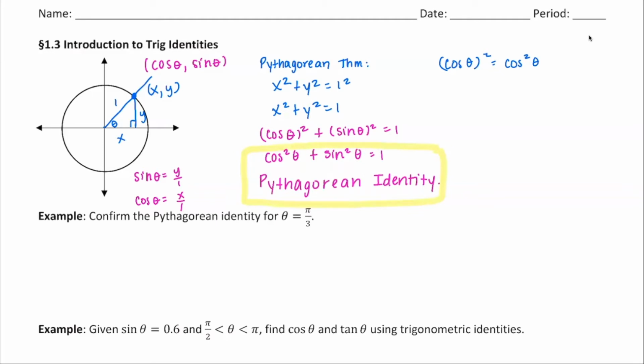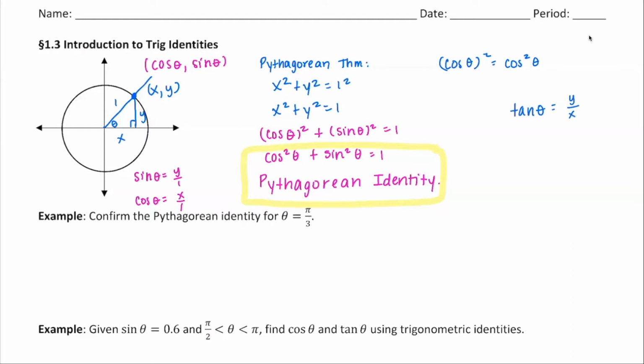So one other definition we're going to use today is tangent. And if you remember, tangent of theta would be the same thing as opposite over adjacent, y over x.